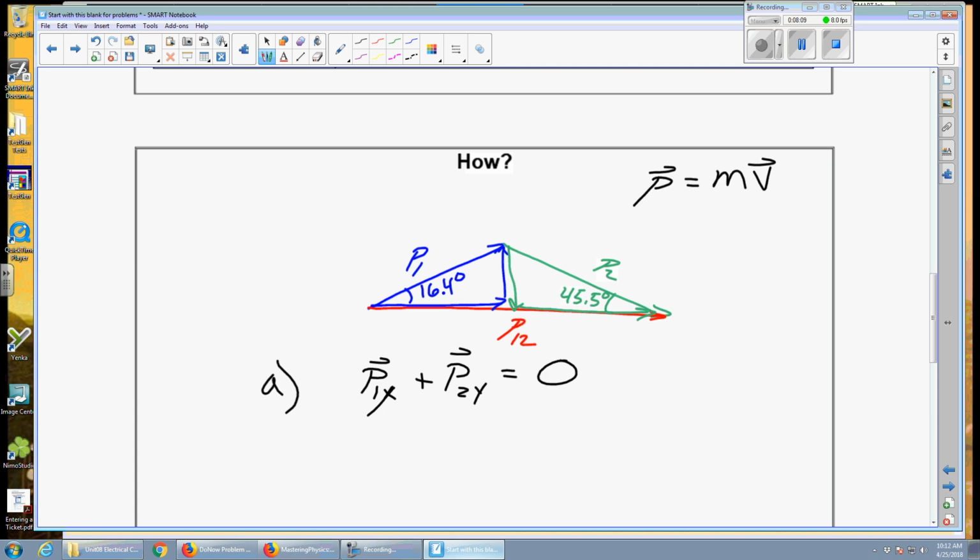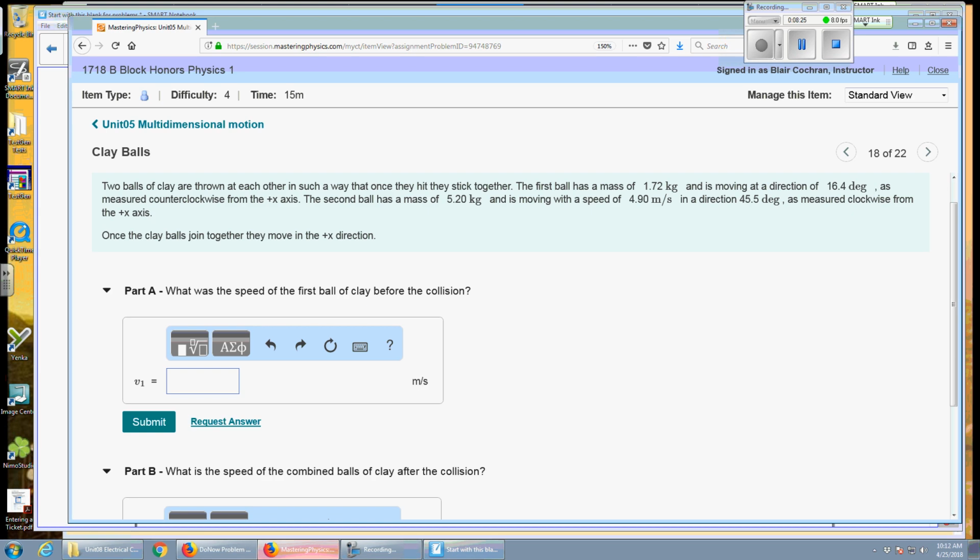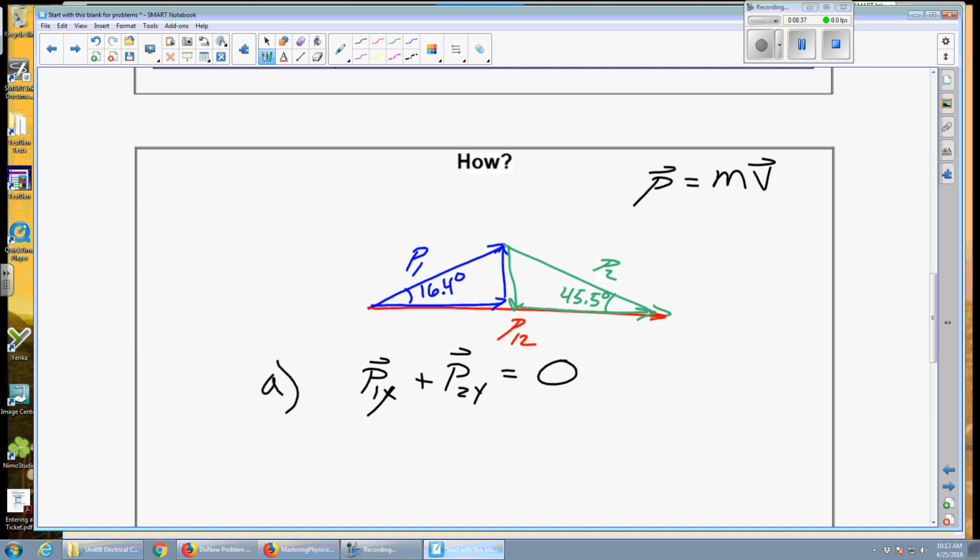But what do they tell me about the final momentum? I heard it's conserved. Pat, what did you say? Okay. They tell me something else, though. Once the clay balls join together, they move in the x positive direction. If they move in the x positive direction, how much vertical momentum do they have? 0. That's where I got that 0 from.